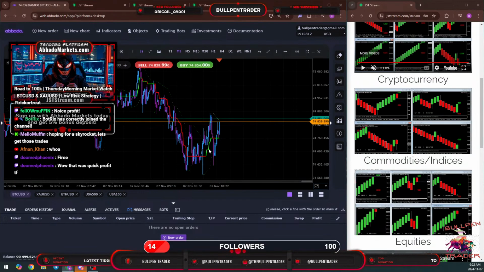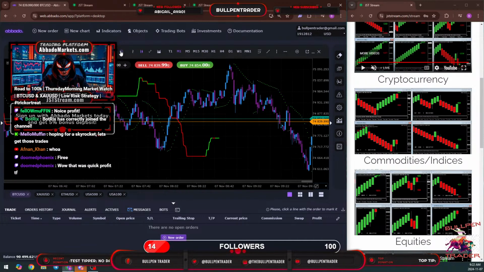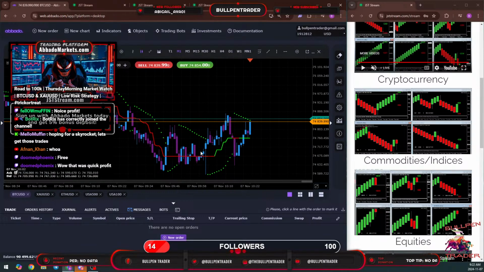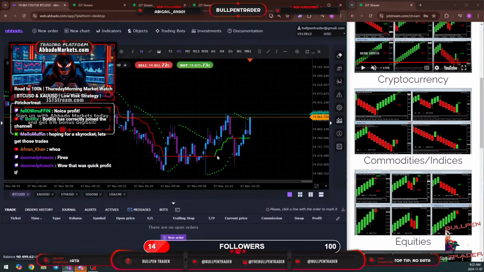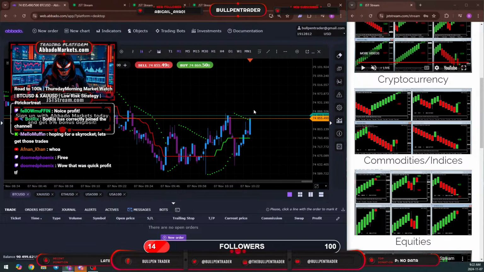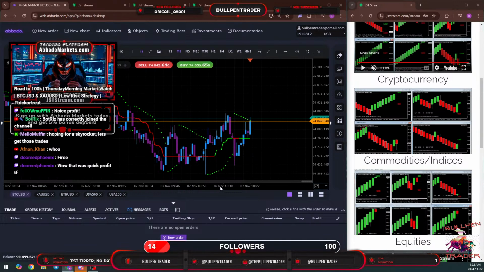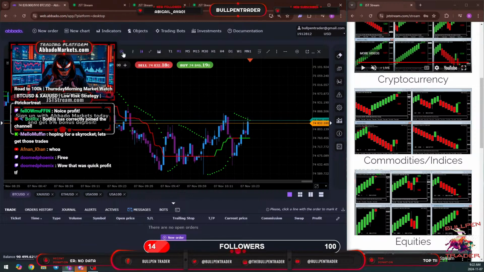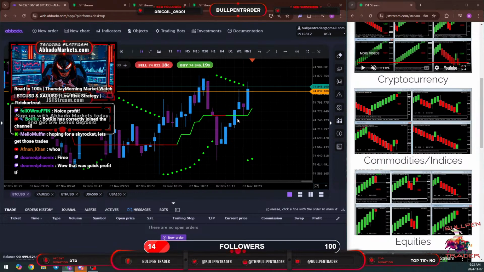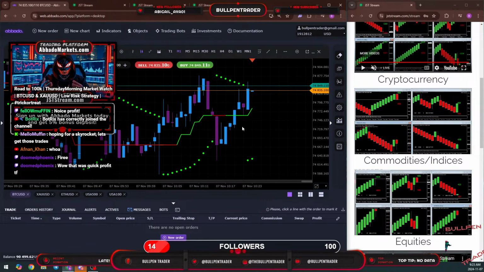which is still enough to take trades. It's still very, very possible to take trades here, but it's just that it's very large candles going up, very large candles going down. So maybe I would wait for a more clear indication of a trend.